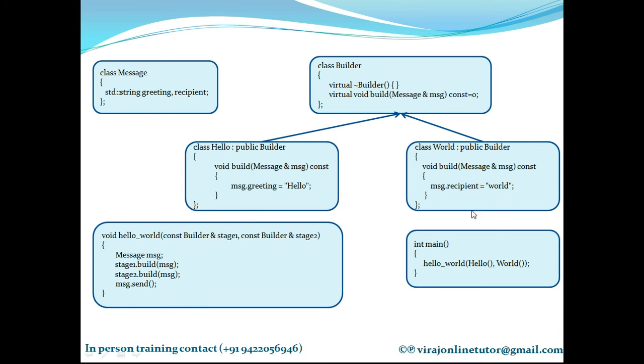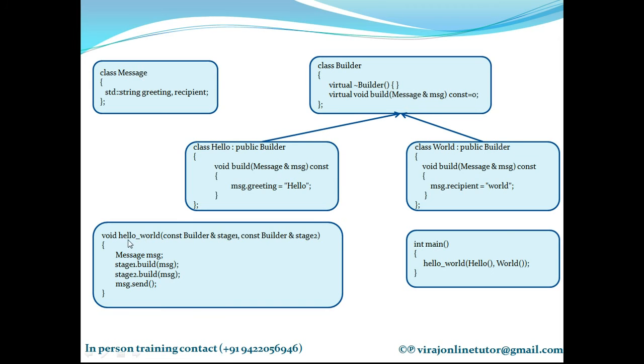In the second concrete builder, I am setting a value to recipient. That means I am building the object part wise. Hello is building a part of it, world is building a part of it.